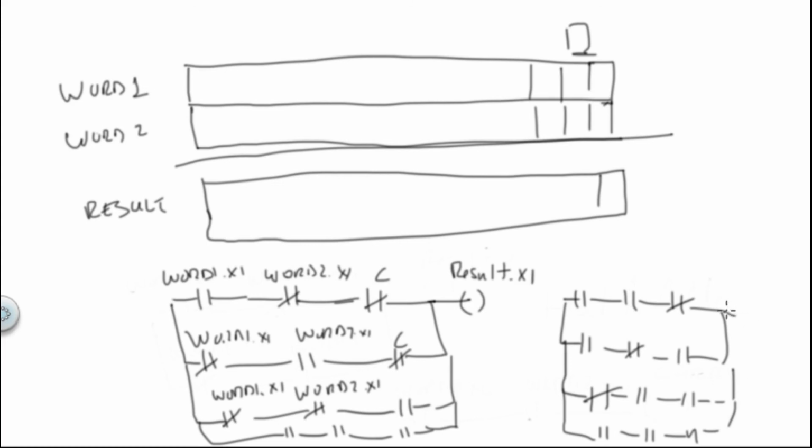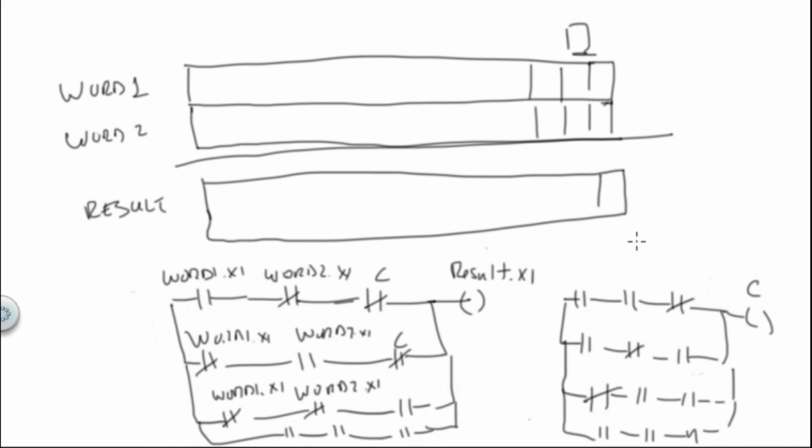Now you say, what is this carry bit doing? It's the same as this bit here, but it's the next one that we rewrite later after the original one. So this C is the same as the other C, but if you're more comfortable, you could say carry dot x1 if you wanted to have a carry word, but you can just have a carry bit. It doesn't really matter. Your choice.